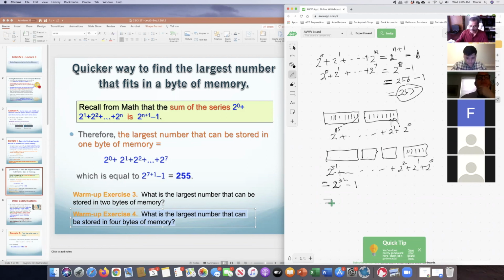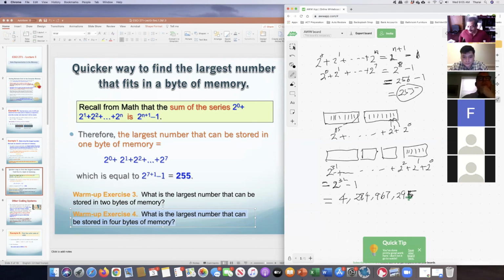Okay, and then you subtract 1. So I have 4,294,967,296. If I take 1 off, 295, the last digit changes. So this is the largest number that fits in 4 bytes of memory, 4 billion.